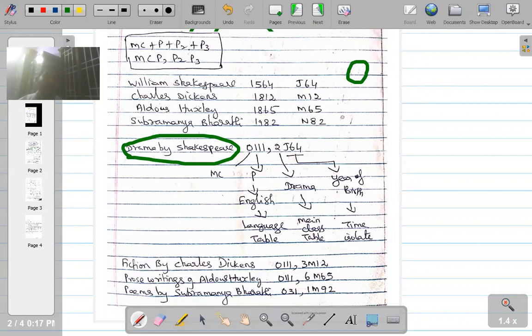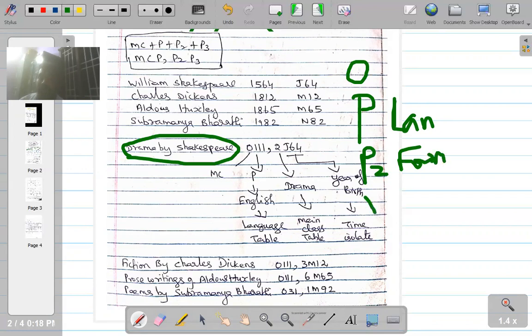And secondly, Shakespeare has written his dramas in English. So I should get a number for P. So P stands for language. Good. Then comes, what is the form? That is P2. P2 stands for forms of literature.